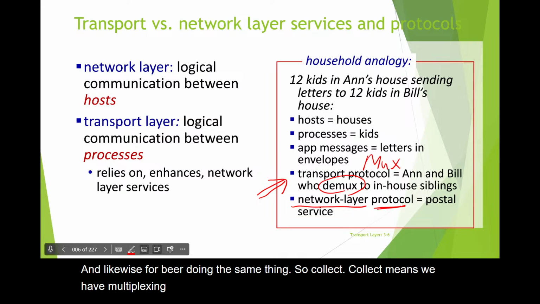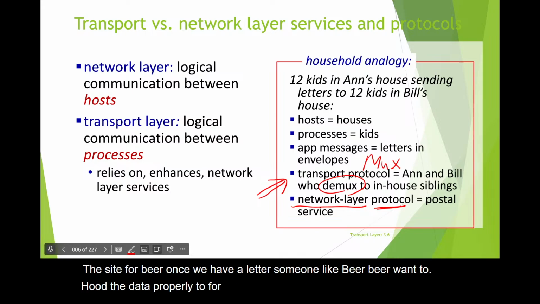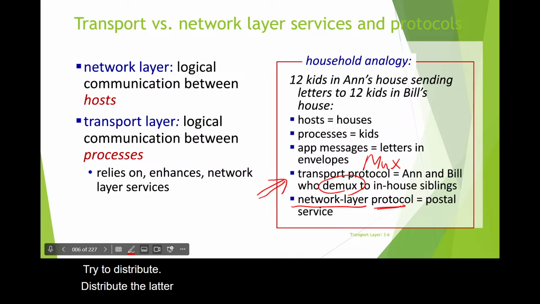And talking about the side for Bill, once we have a letter, Bill wants to deliver the data properly to, for example, kid 1 in Bill's house. So we distribute the letter properly to each kid in Bill's house, and that is called demultiplexing.